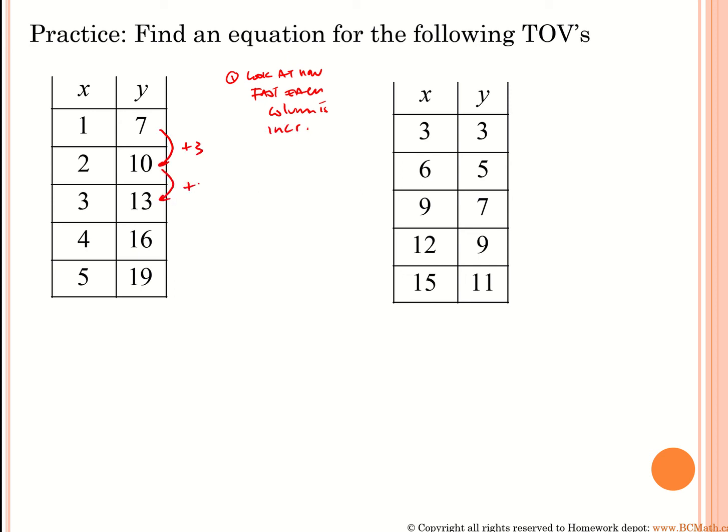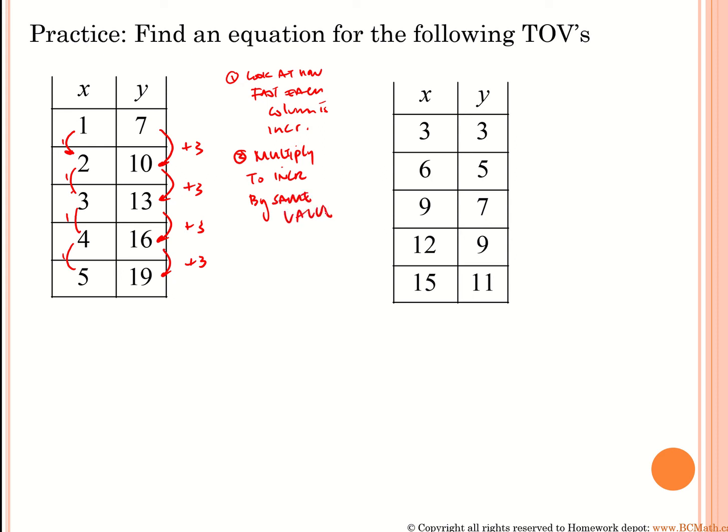From 10 to 13, you also add 3, and add 3. And this side is only increasing by 1, 1, 1, and 1. So what you want is for the two columns to increase by the same amount. So number 2 is multiply to increase by the same value.